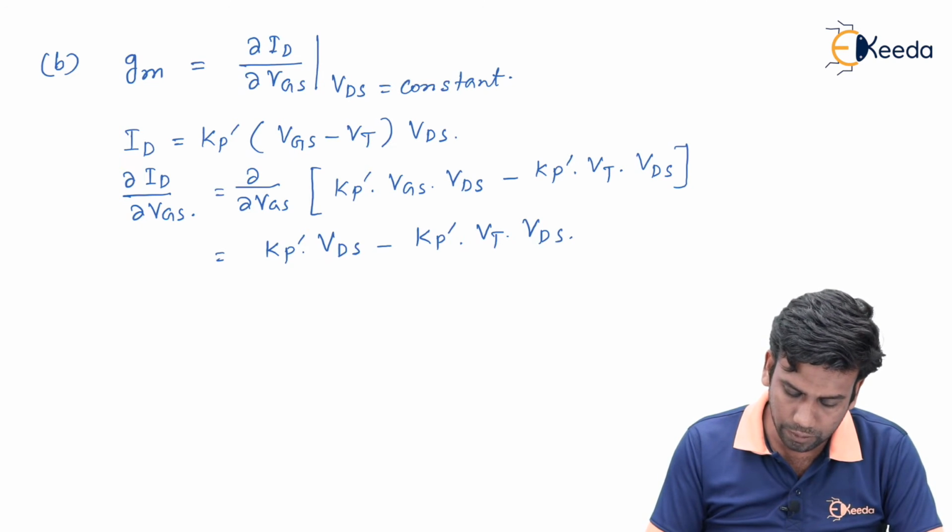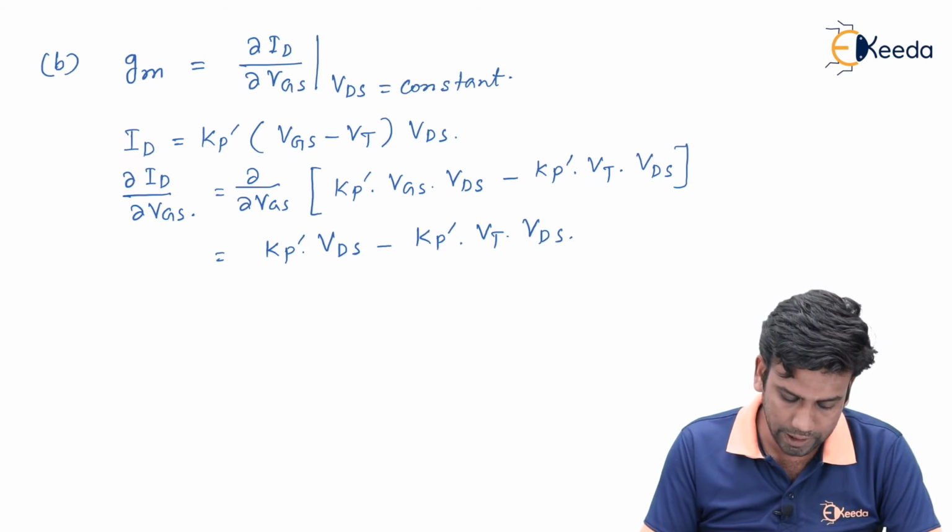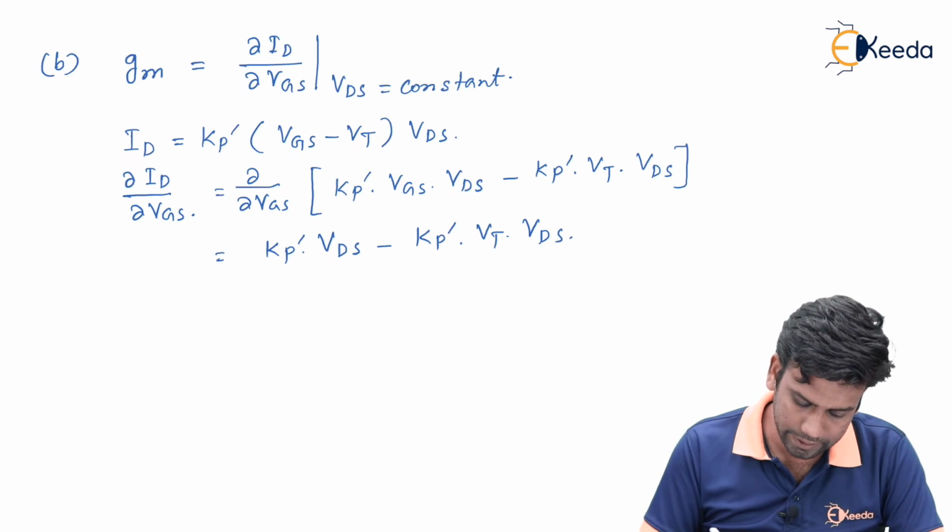So this will be the value of del ID by del VGS, that is the Gm.